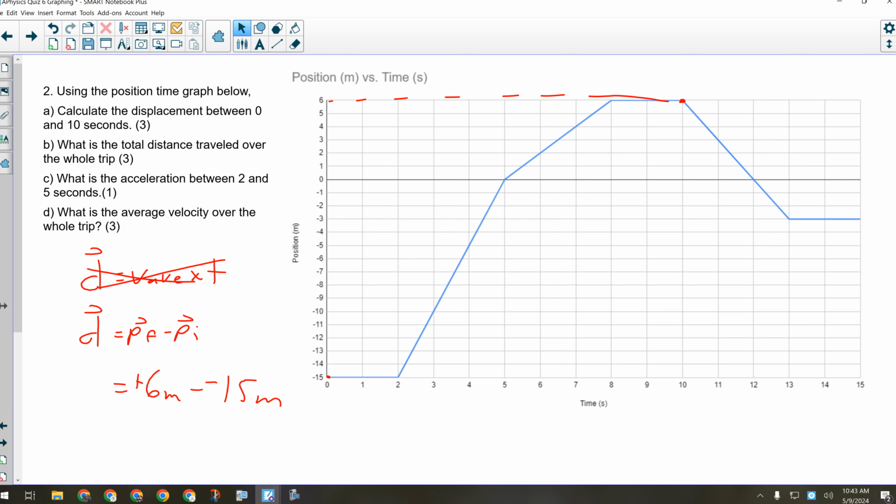Everybody all right with that? So 6 minus negative 15 gives me positive 21 meters for a displacement between 0 and 10 seconds. All right, what is the total distance traveled over the whole trip? Can I use this formula for that?